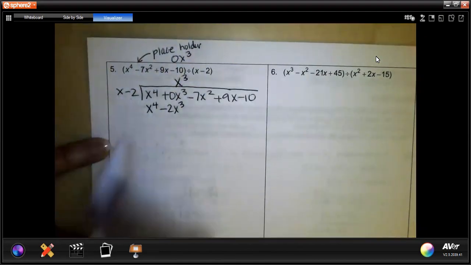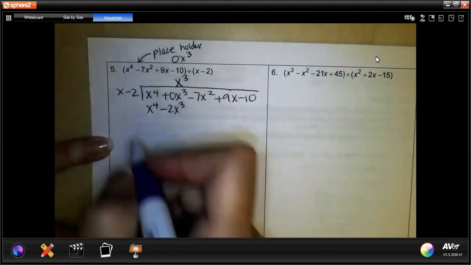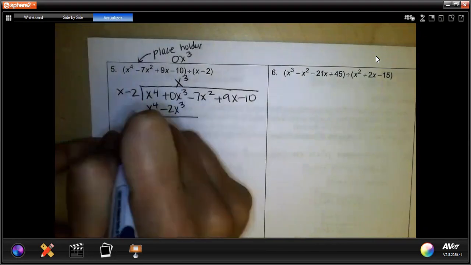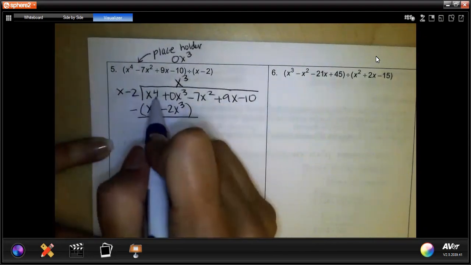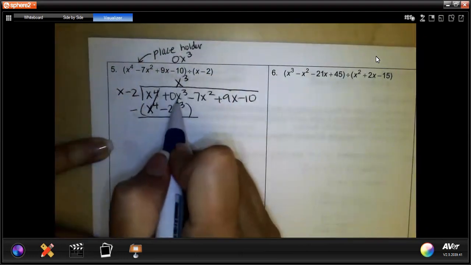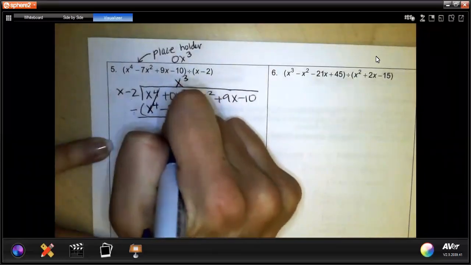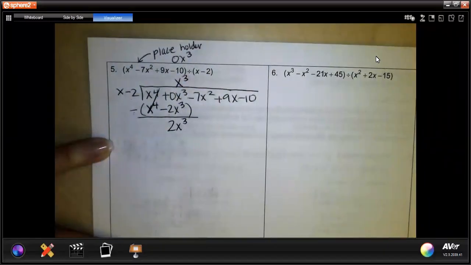That's the reason for our placeholder here, so that we've got somewhere to organize our information. We're keeping those exponents the same. And so I can now subtract. x to the 4th minus x to the 4th is 0. 0x cubed minus a negative 2x cubed is a positive 2x cubed.